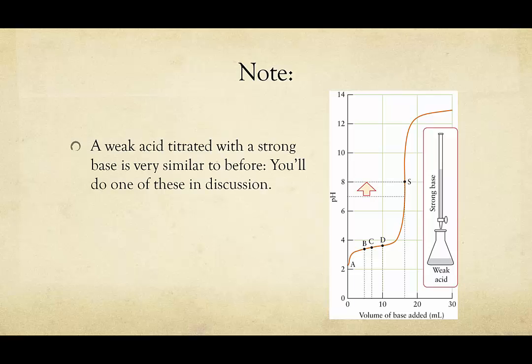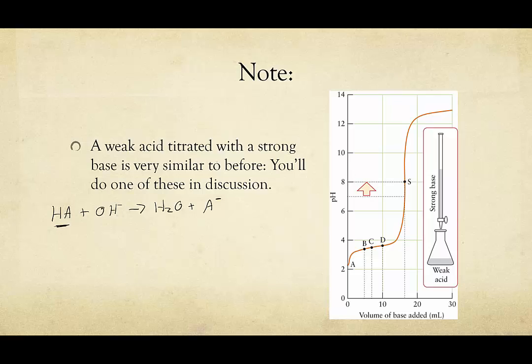Now, we're not going to go through it, but doing a weak acid titrated with a strong base is basically the exact same idea. I'm going to have your TAs do one of them in discussion. I'm just going to make one note here that the major change is that because you're starting with a weak acid, you're starting out with HA, you're reacting it with a strong base, and so everything is just reversed.